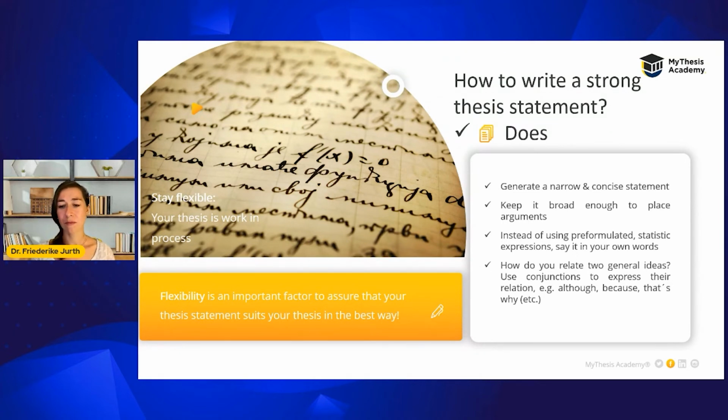Avoid some pre-formulated and statistic expressions, but try to say it in your own words. And well, if you want to know how to connect 2 aspects or arguments, then think about their relation and use conjunctions such as although, because, that's why, for example.